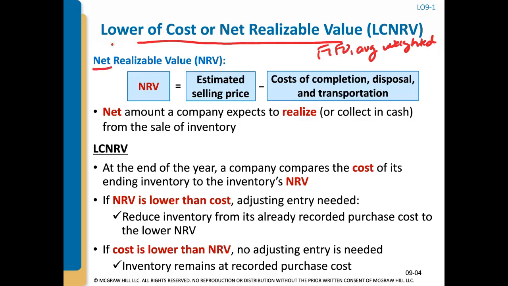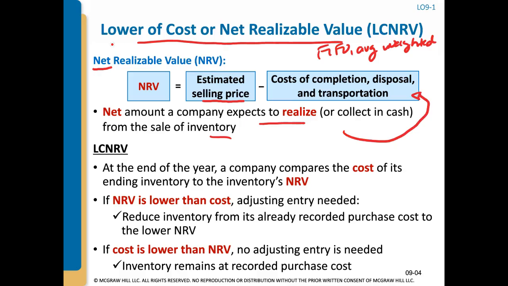So the net realizable value is equal to what we think the inventory will sell at, the estimated selling price, minus any cost to complete, dispose, or transport that inventory. So it's really the amount that a company expects to realize from the sale of inventory after these things are done, after it's disposed or transported.